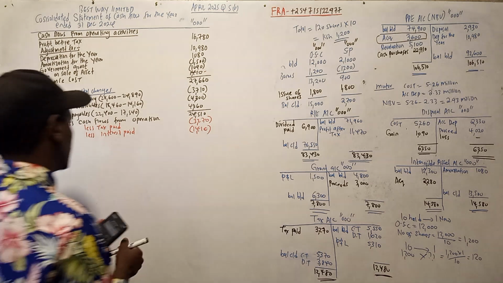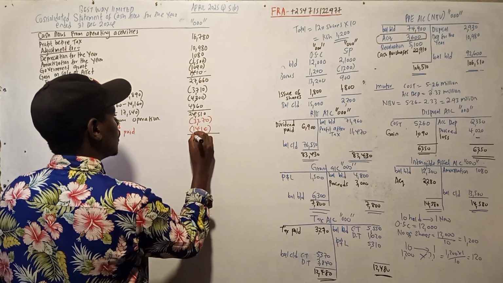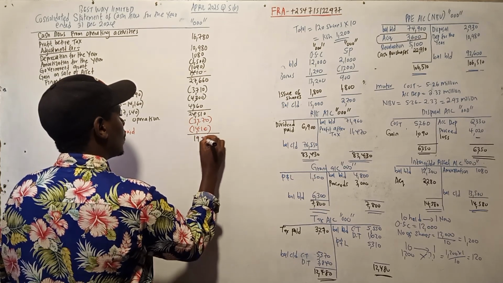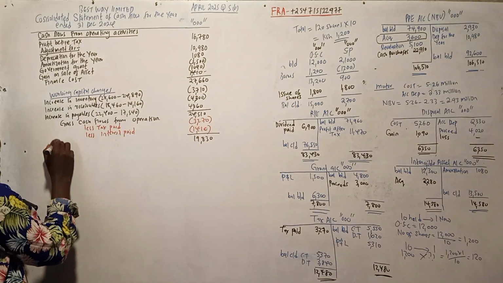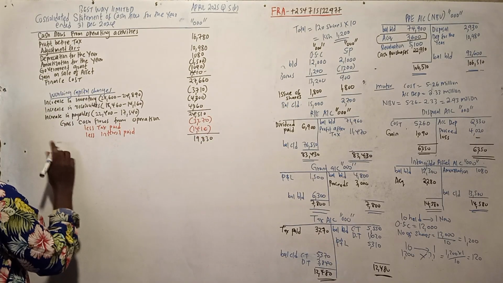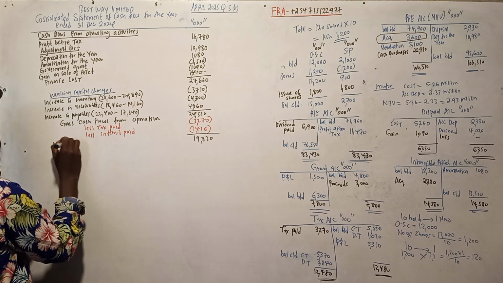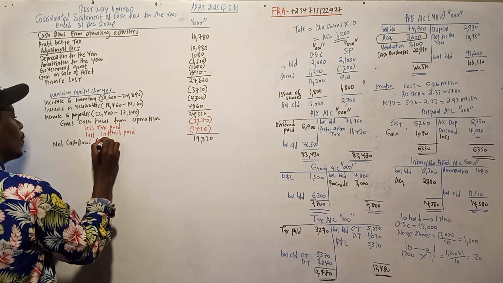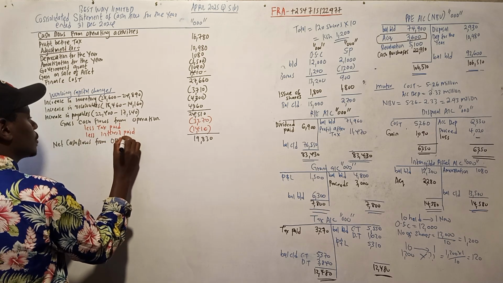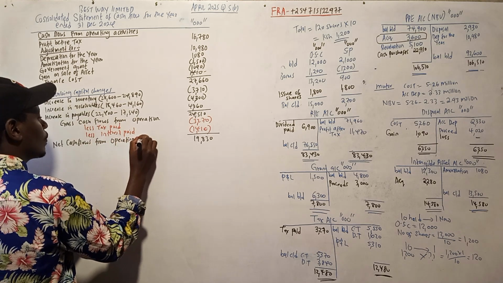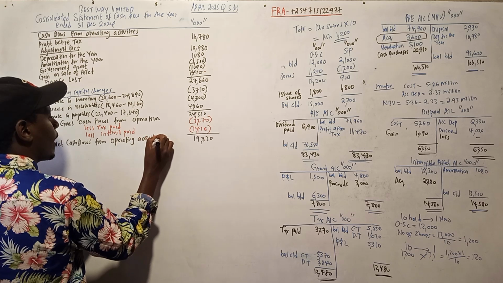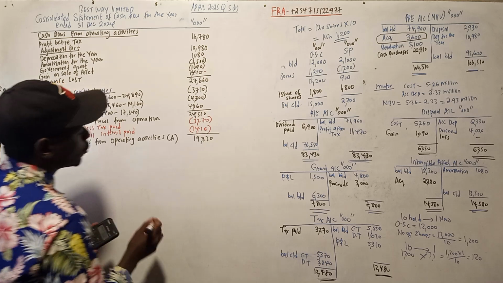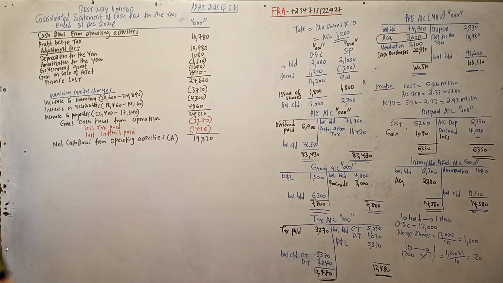That is 19,830. That is the net cash flows from operating activities. We call it A. So that is 19,830.